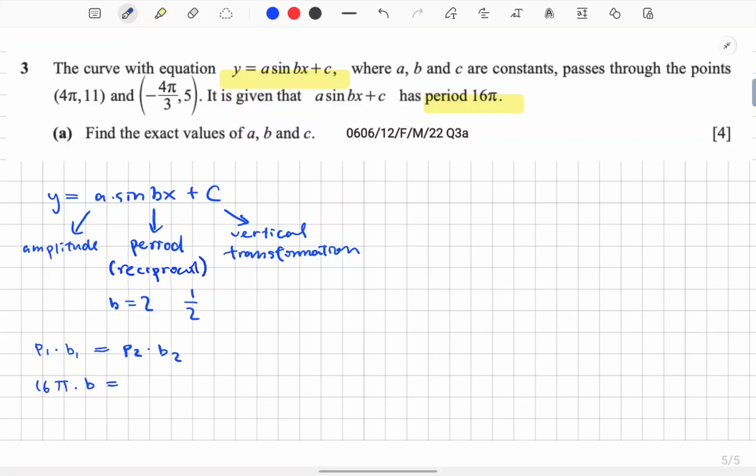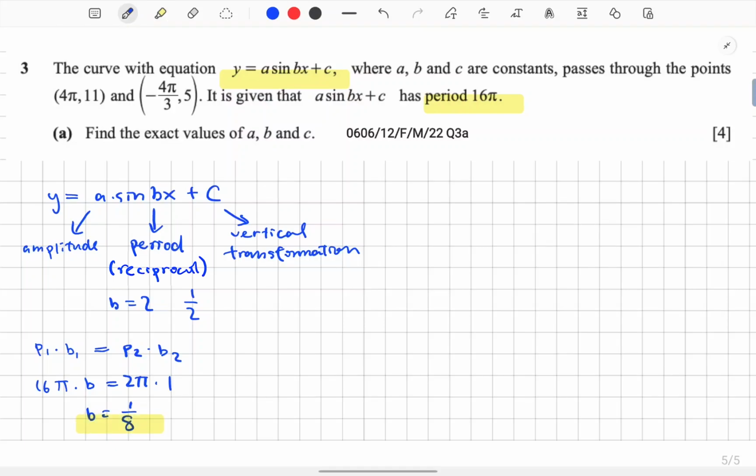But on the other side, we can use our regular trig function. It has a b value of 1 because there's nothing there, and the regular period is 2 pi. So if we solve for b, 2 pi over 16 pi, it is 1 over 8. So this is our first answer.